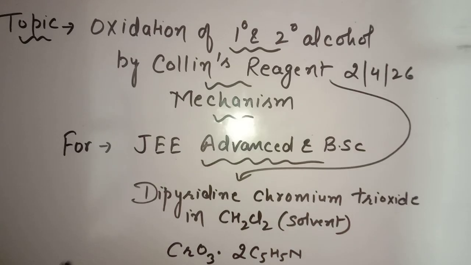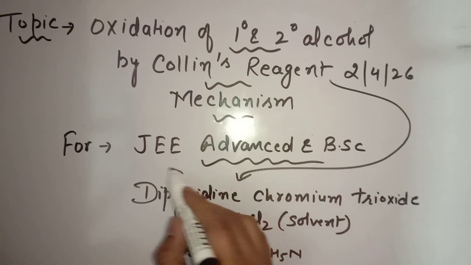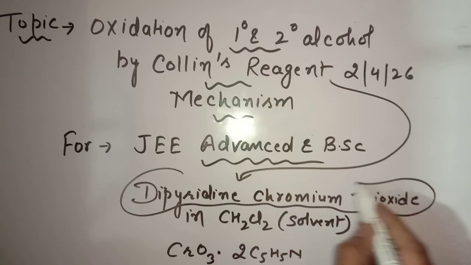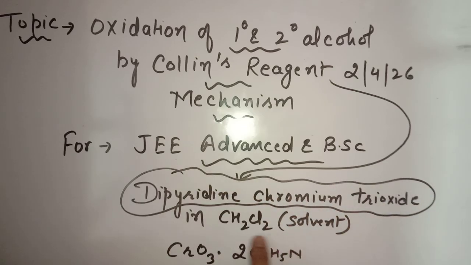This dipyridine chromium trioxide in what solvent? CH2Cl2. Means this chemical we are going to dissolve in this solvent dichloromethane, so we will get Collin's reagent.